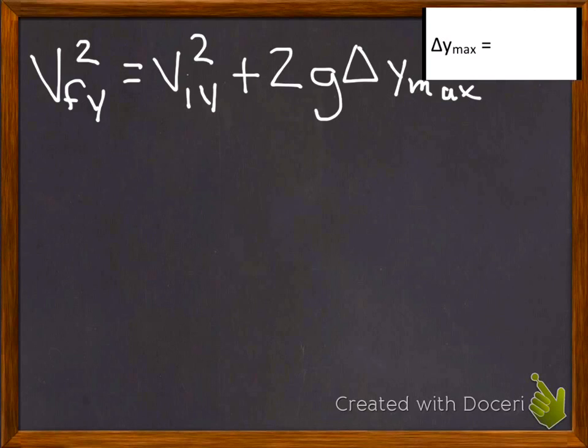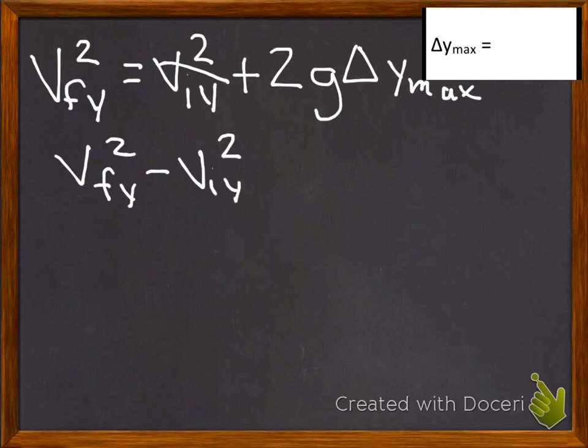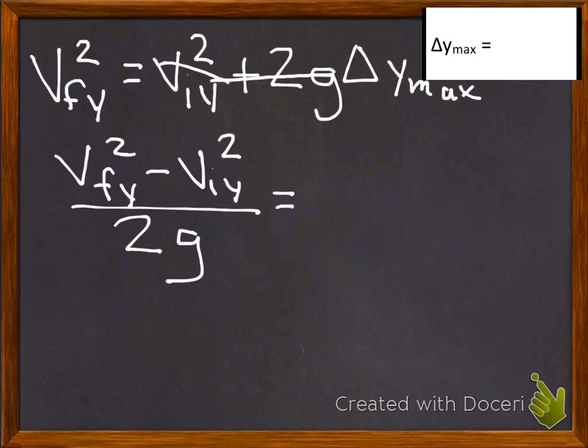So let's do a little algebra to solve for delta y max. I'm going to subtract Viy squared on both sides. So I'll have Vfy squared minus Viy squared. Then I need to divide by 2 and divide by g. And that will get me that delta y max all by itself.